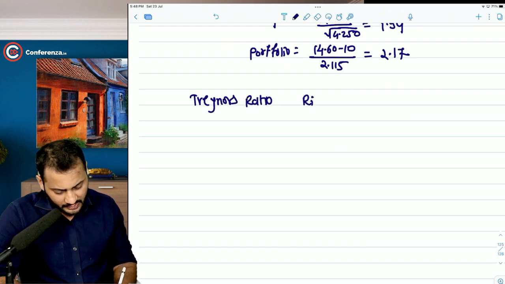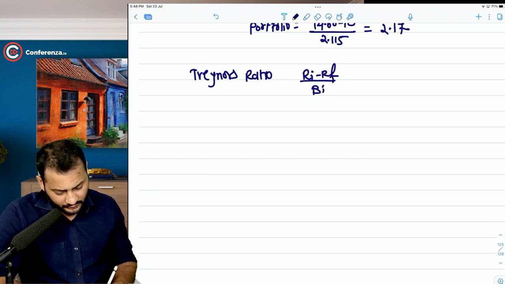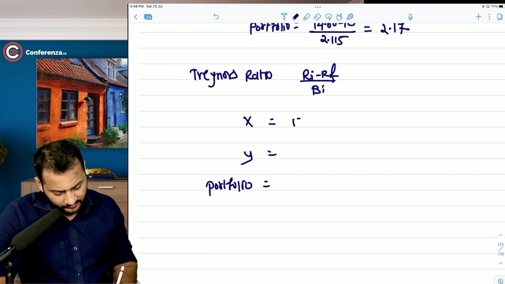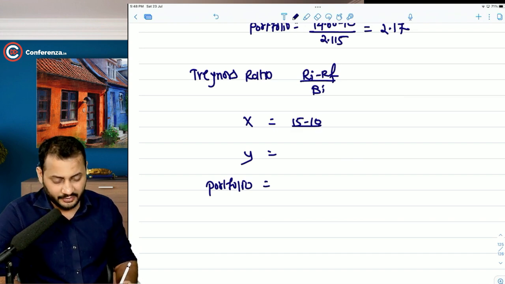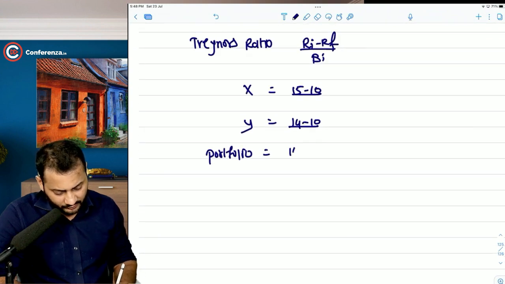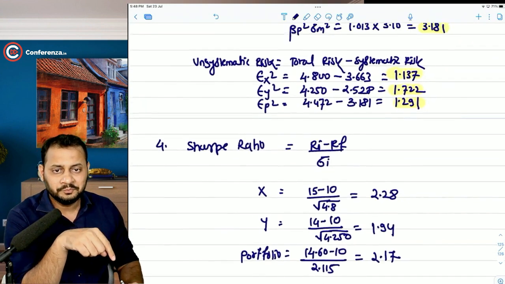What is the formula? Ri minus Rf divided by beta i. So let's do that for X, for Y, and for portfolio. 15 minus 10 divided by beta of X, 14 minus 10 divided by beta of Y, and 14.60 minus 10 divided by beta of the portfolio.